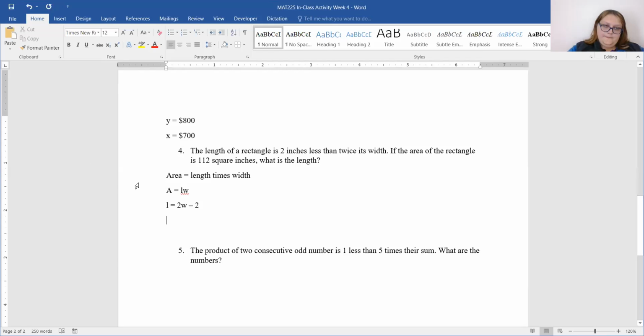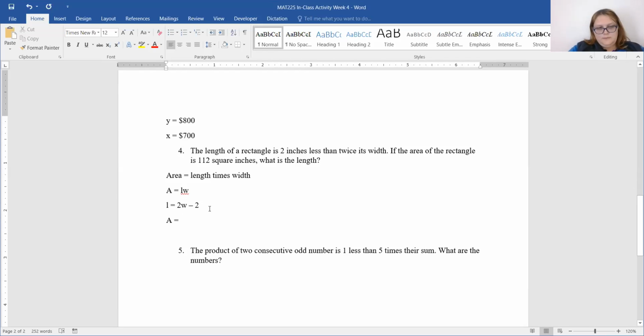We still have to plug that into the area. The area is the length times the width. We know what L is. We can substitute what we've already calculated for L into this formula and come out with something that has an answer.